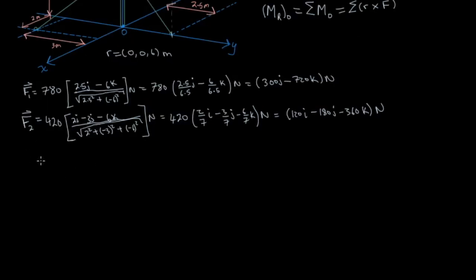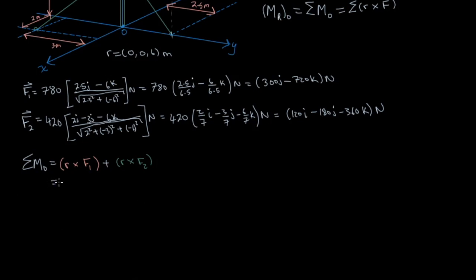And so the moment about the origin point O, or the resultant moment about point O, or I should put it this way, the sum of moments about point O is equal to R cross F1 plus R cross F2.